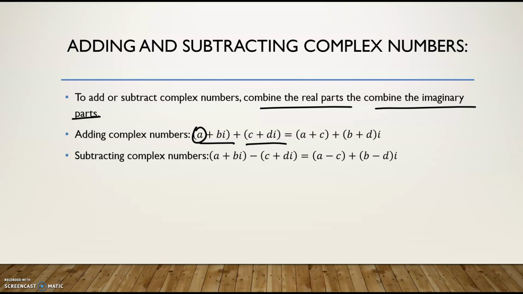And notice a and c are the real parts, b and d are the imaginary parts because they're right by the i. Notice over here I have a plus c, the real parts, added together, b plus d, the imaginary parts, added together, and then I have an i tagged on the outside there. The only difference is subtraction. So here you would have the real parts subtracted and the imaginary parts subtracted from each other.